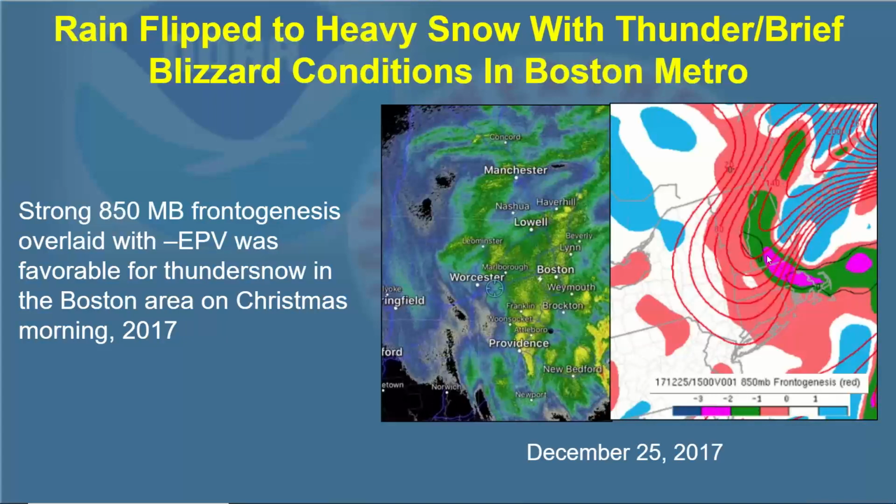Those are the red lines. So basically you have an area that was favorable for thundersnow, and it was right over the Boston area. So it was a pretty loud morning on Christmas Day 2017 for Boston.